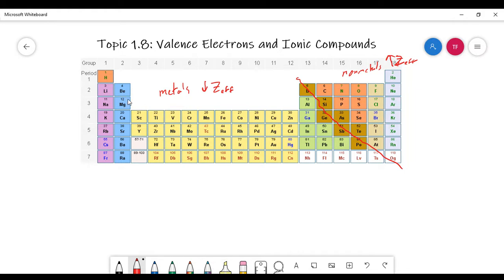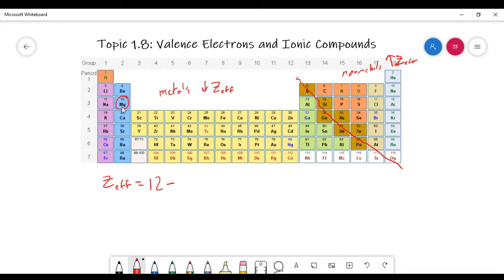So just to give you a quick example, if we looked at magnesium, the way that we calculate effective charge is the number of protons. In this case, magnesium has 12 protons, minus the number of core electrons. And magnesium has two valence electrons because it's in the second column on the periodic table, meaning that it has an S1 and S2 electron, two valence electrons.